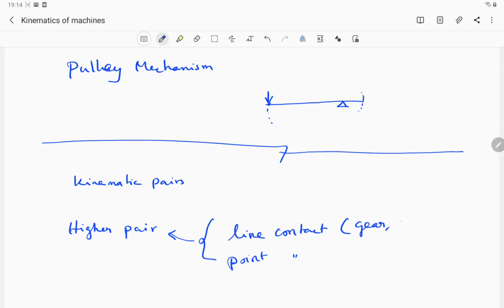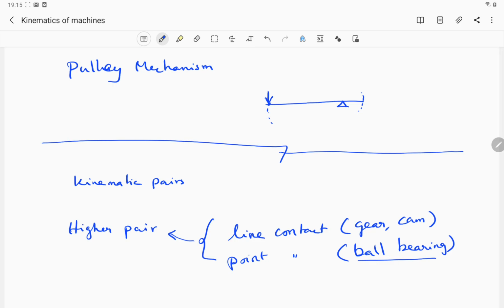And cam and follower is also a higher pair mechanism which has a line contact. And a mechanism which has a point contact, for example, is a ball bearing.